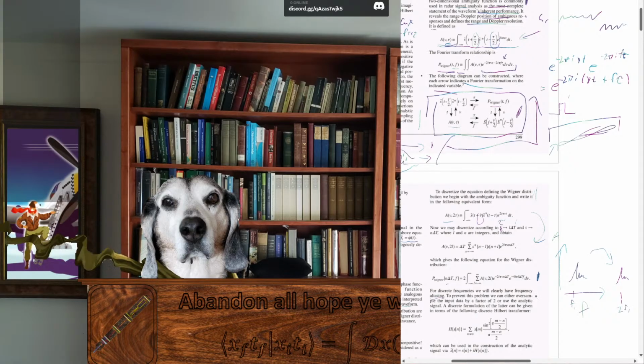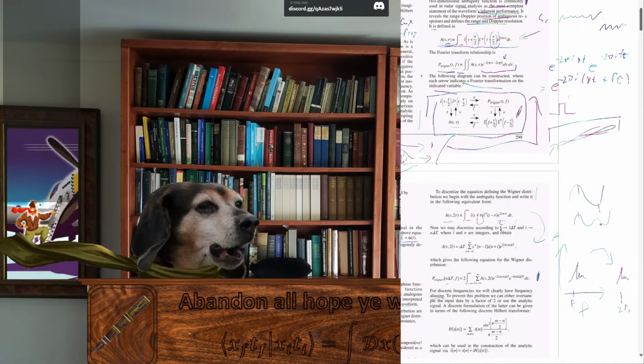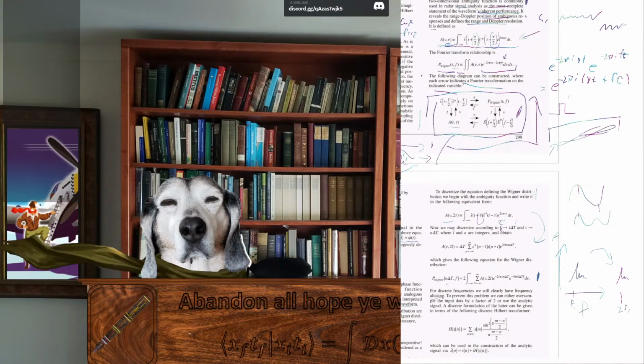To prevent this problem, we can either oversample. Yeah, this comes from a sampling problem. Your sampling starts lining up, so if I sample, let's see, here and here, right? I sample my signal here and here, and then I have exactly twice, right? And now I'm sampling here, or that's not actually twice. What am I doing?